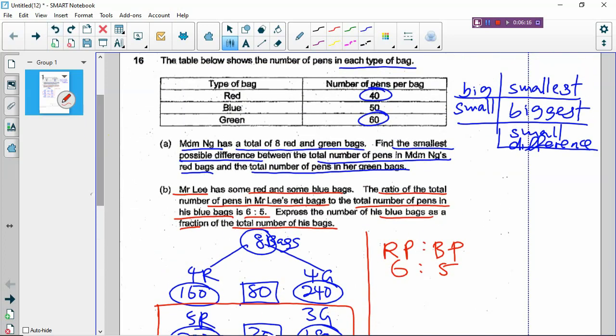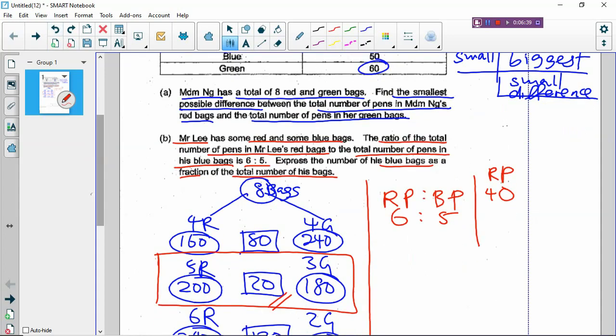If you look at the table, you can see that one red bag is 40 red pens, and one blue bag is 50 blue pens. So let me write down side by side: 40 for one bag of red pens, and 50 for one bag of blue pens.